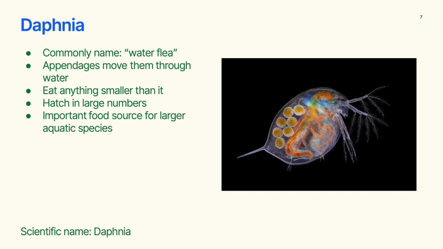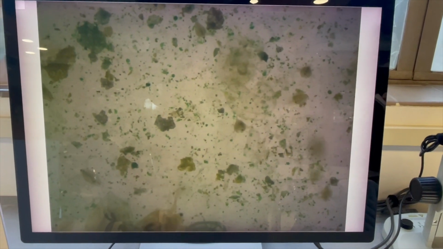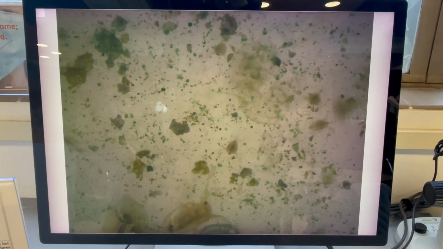They eat anything smaller than them, meaning other animals, plants, bacteria, pretty much anything smaller. They hatch in large numbers, and they're an important food source for larger aquatic species. Here we can observe some water fleas swimming around underneath the microscope. You may notice they are quite active.